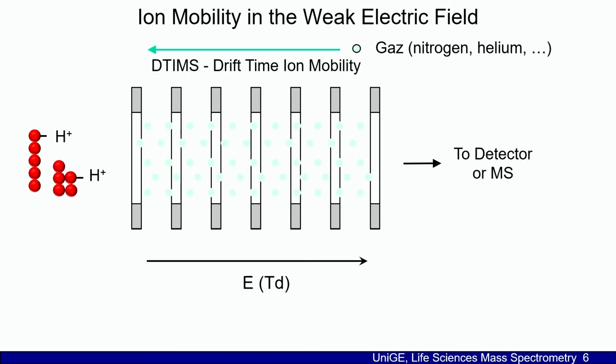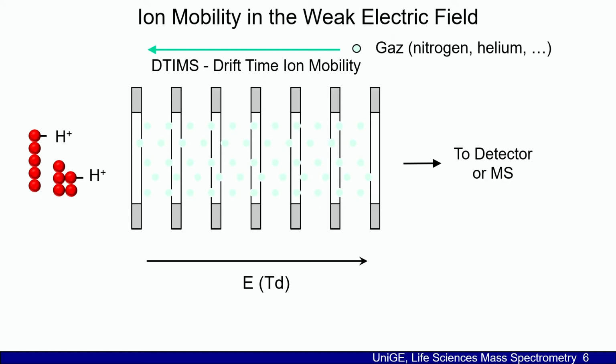This is one example of ion mobility at low field. This is drift time IMS, which is one of the oldest. Originally it was called plasma chromatography and was connected to GC. But after the development of atmospheric pressure ion sources, it found its place connected to mass spectrometry. It has a flight tube made of stacked ring electrodes, and a uniform weak electric field is applied in that direction, while in the opposite direction the drift gas is applied.